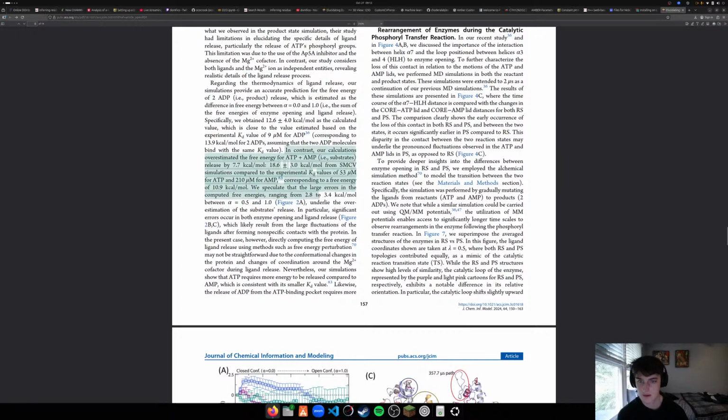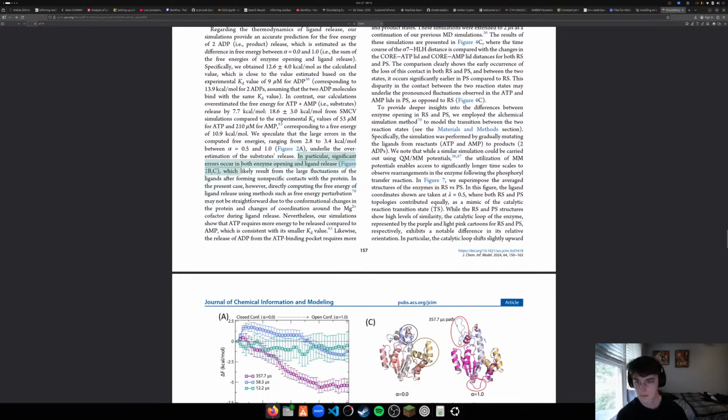I want to talk to these guys. Particularly significant errors occur in both enzyme opening and ligand release, which is likely a result of large fluctuations.